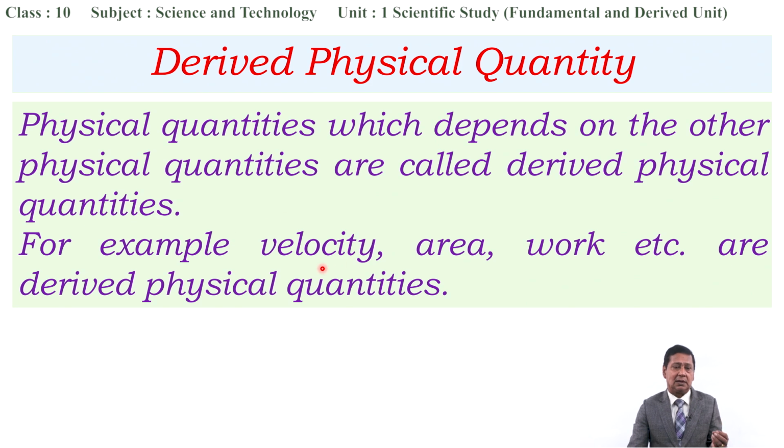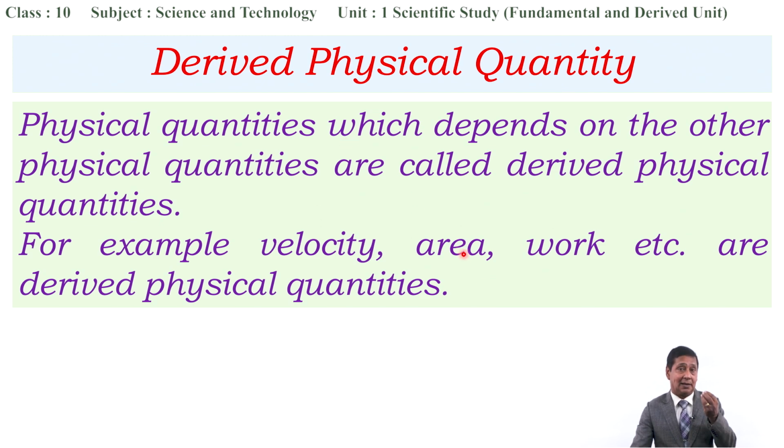Do you know that unit of velocity is meter per second, and meter is the unit of length, and second is the unit of time. By using the unit of length and time, velocity is made. That's why velocity depends on length and time. So this is a derived physical quantity.